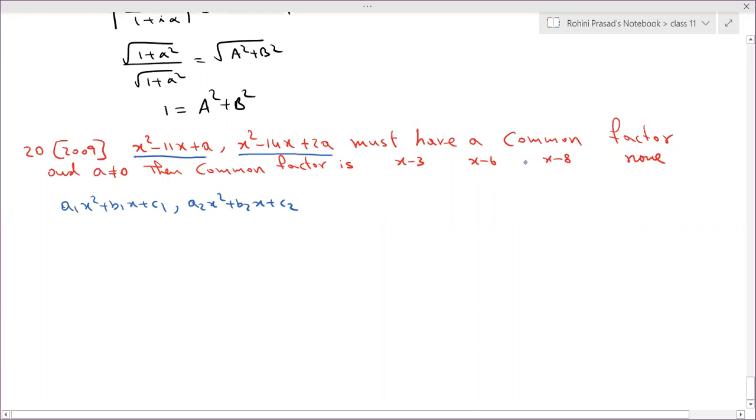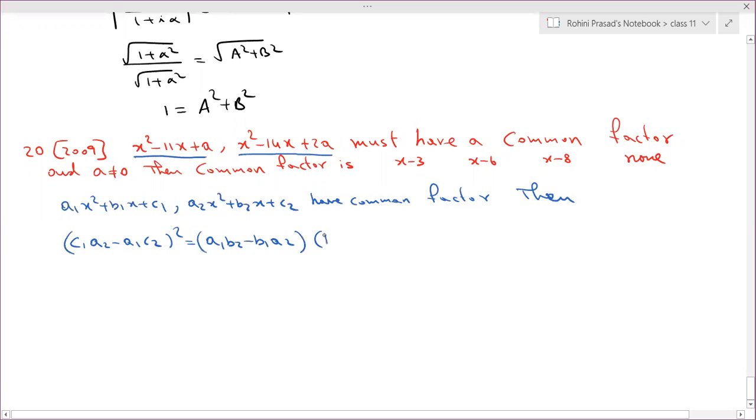If they have a common root, then c1a2 minus a1c2 the whole square equal to a1b2 minus b1a2 into b1c2 minus c1b2.